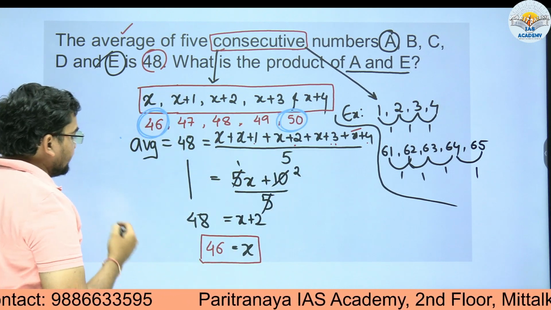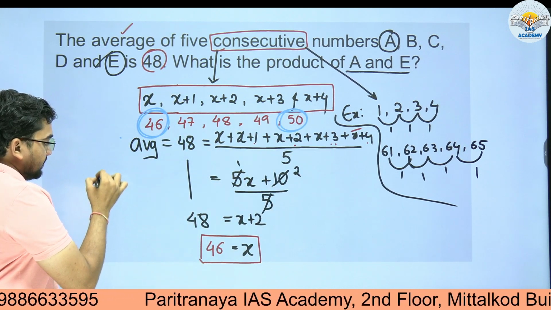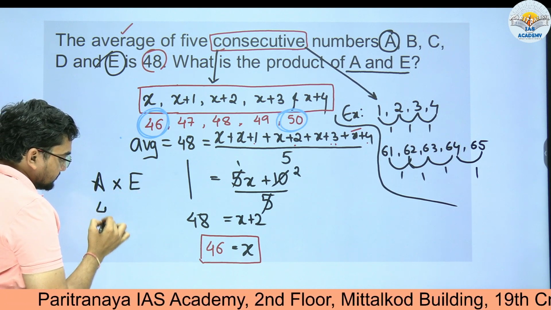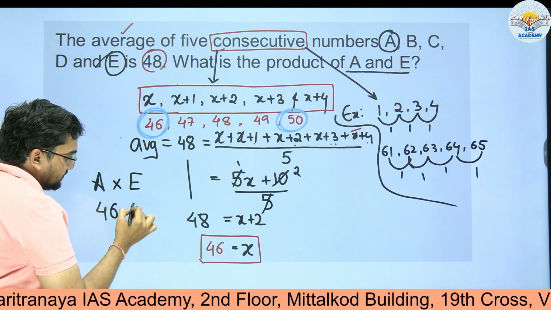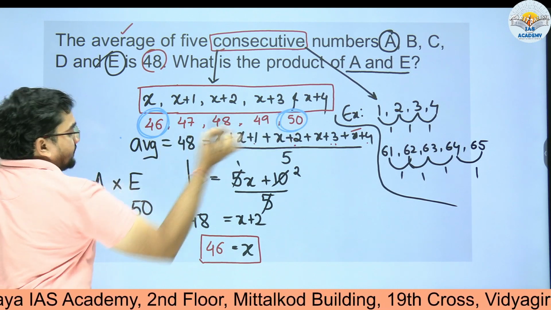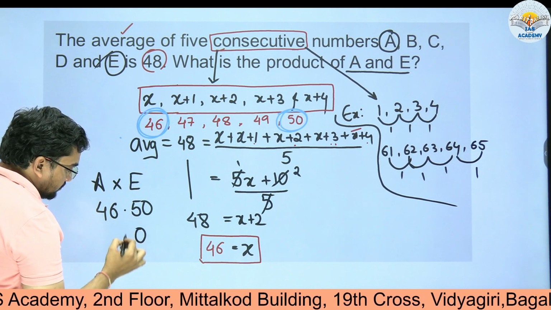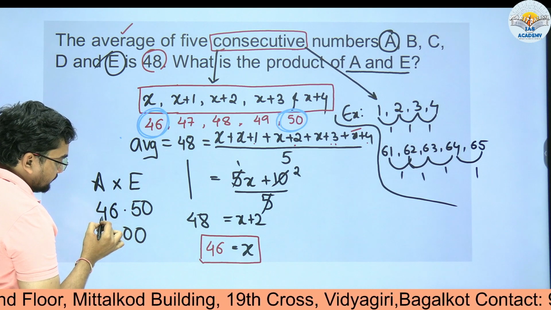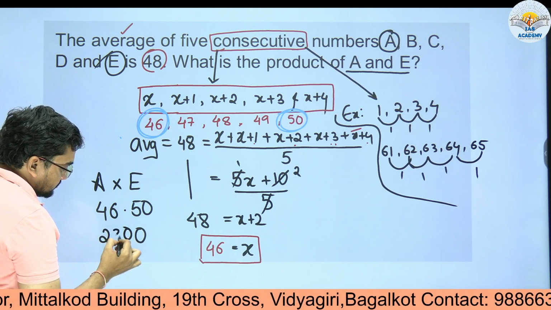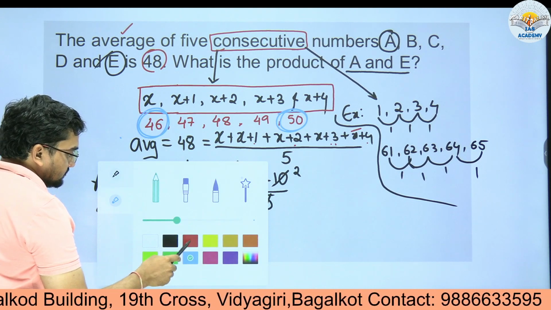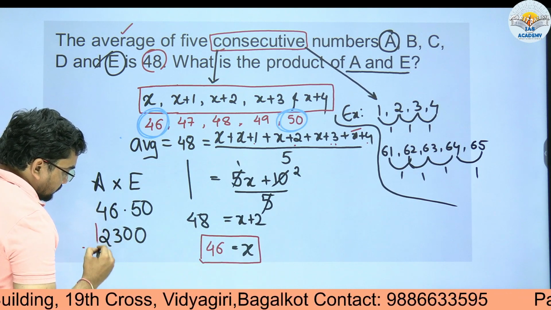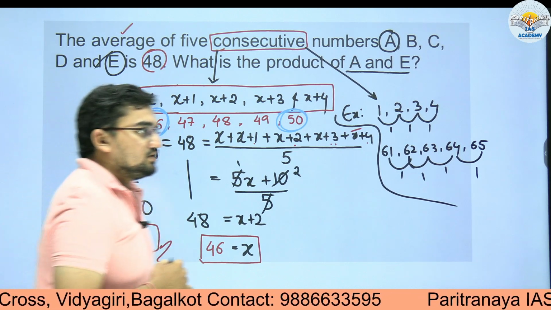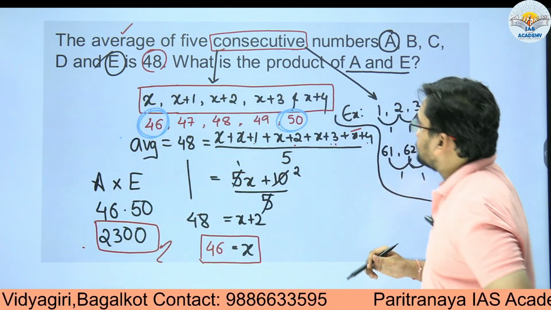So the product of A and E is 46 into 50. That is how much? 0, 6 5s are 30, 5 4s are 20, 23. Thus 2300 is the answer of this question.